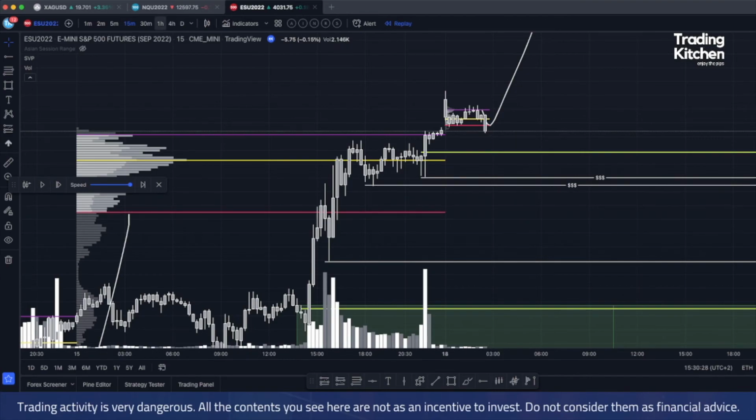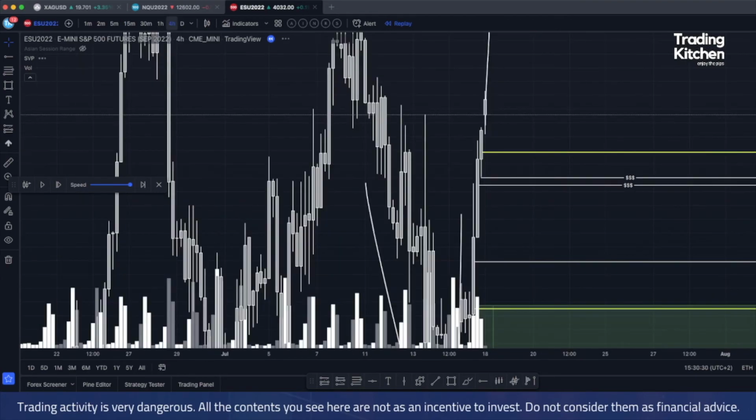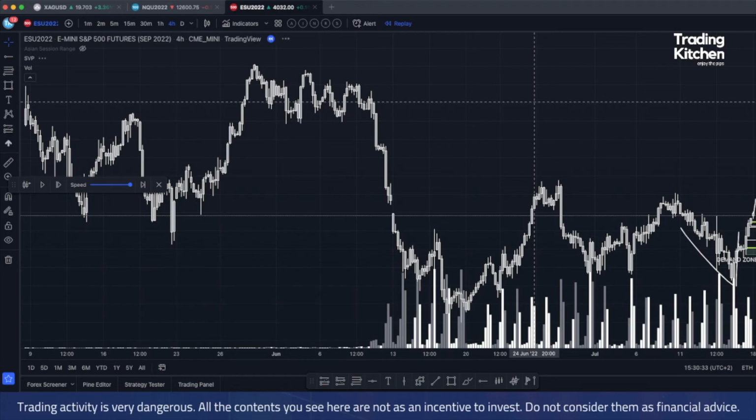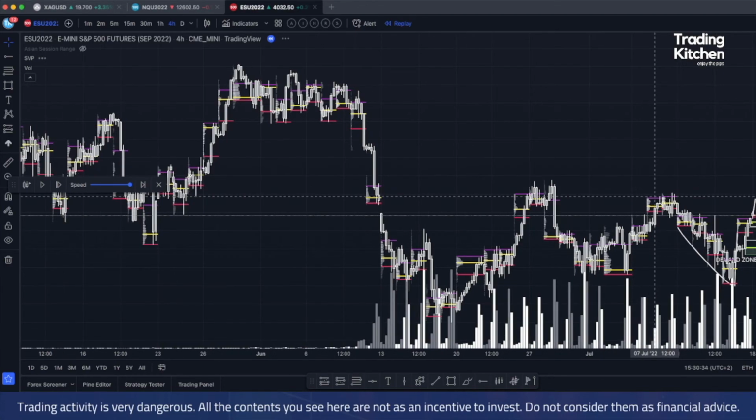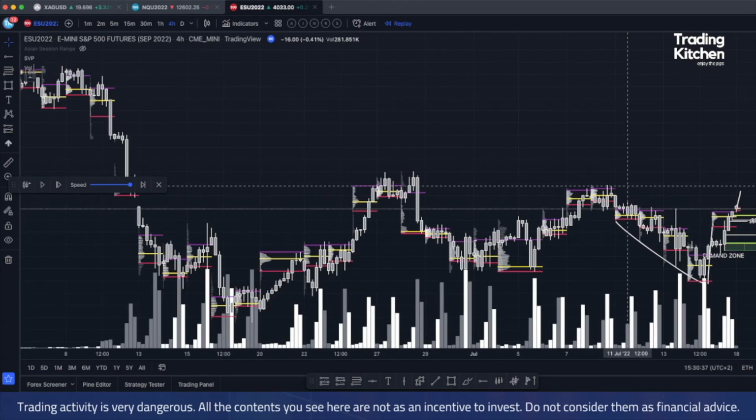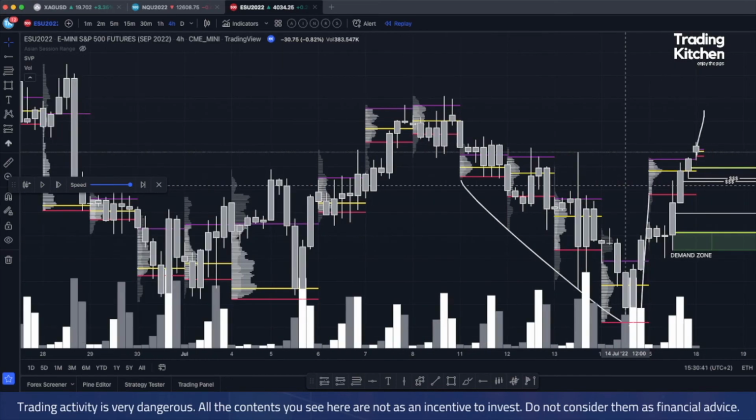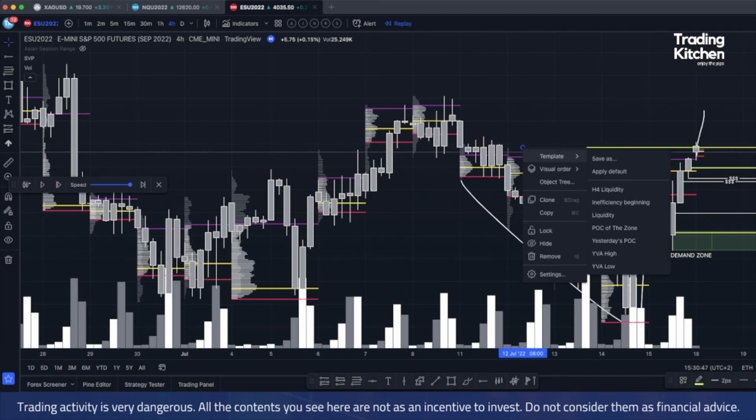Obviously, I didn't care this time about multi-timeframe analysis on the higher time frame, but as you can see, you have to be very careful, because this is a liquidity, and obviously a liquidity on the 4-hour time frame is much more powerful than a 15-minute time frame liquidity.